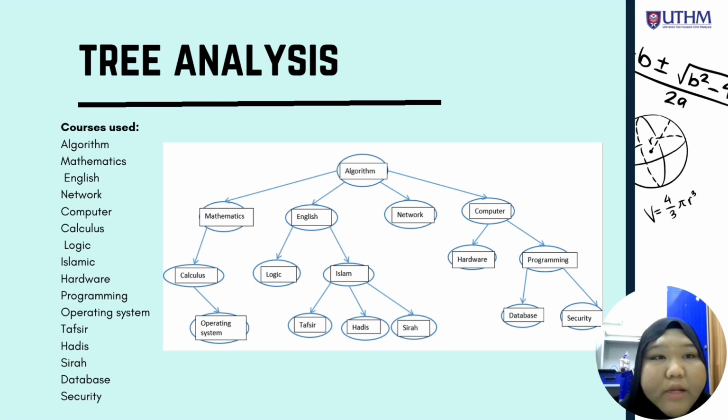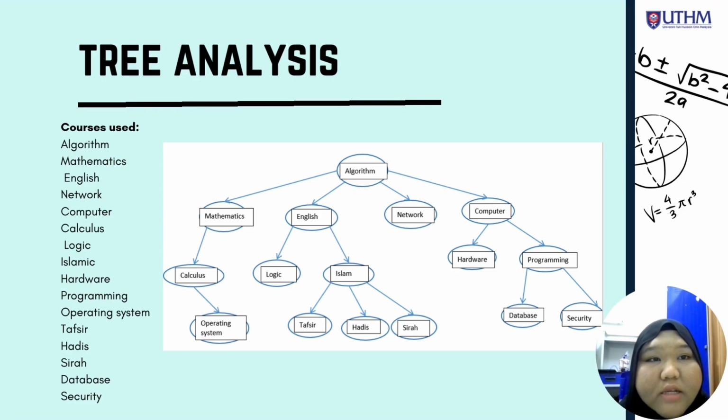On the computer branch, students first learn hardware, then move on to programming, and finally advance to database and security. This analysis helps us identify the parent-child relationships between courses and understand how knowledge moves from general concepts to more specialized topics.